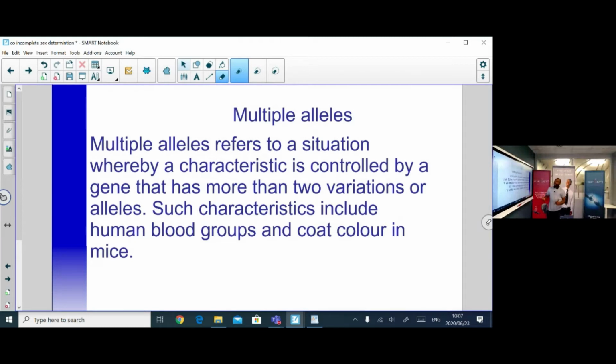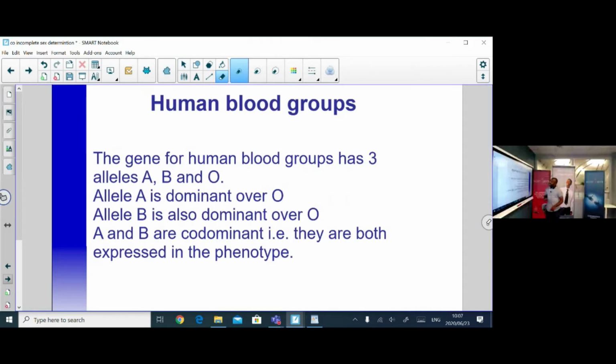The only new thing that we introduced is in codominance, we have an example of genes, still a single gene, sorry, but with more than 2 alleles. Hence the term multiple, more than 2. And we gave an example of human blood groups.